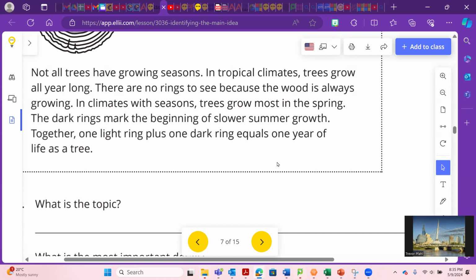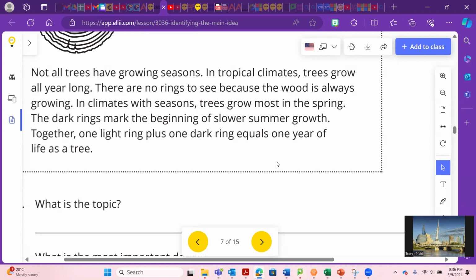In Canada, which climate are we in? Are we seasonal or are we tropical? Seasonal. So we have spring, summer, winter, fall. So by inference, that tells us you're going to see 1 or 2 growth rates on trees in Canada based on this.